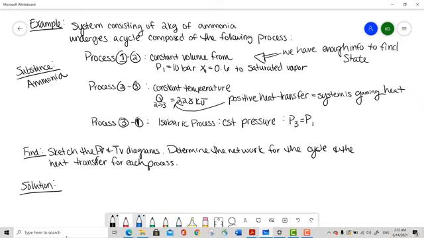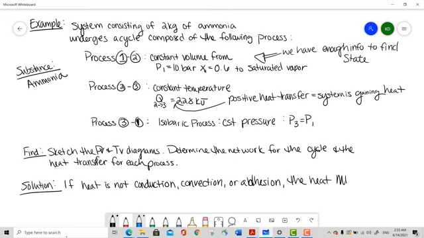So we know that if the heat is not, I'll even just write this down. If heat is not conduction, convection, or adhesion, the heat must come from the first law.